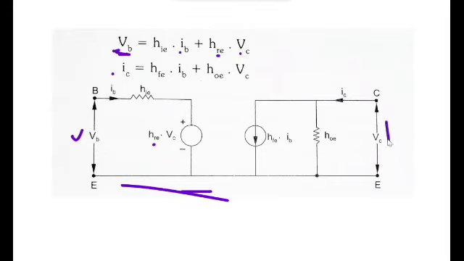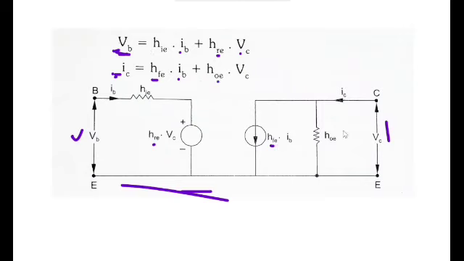Here the output voltage is VC, so it is HRE into VC. And if you go to the second equation, I2 is equal to H21 into I1 plus H22 into V2. Here H21 is the first term in the second network, that is HFE, the forward current gain, and it is multiplied with I1, the input current, that is IB.